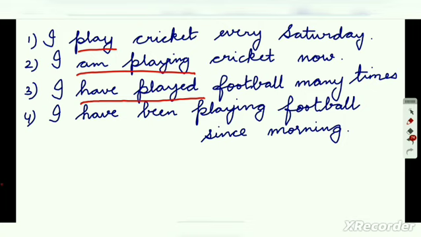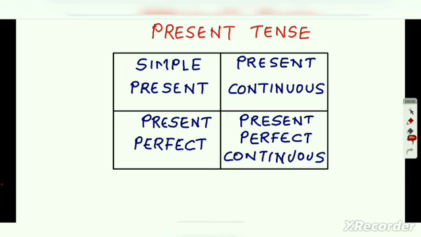Next, I have been playing football since morning. It is showing the time duration. So can you see how the meaning changes even though the verb is the same? Play is the verb. The verb remains the same, but the meaning changes in the 4 forms of the present tense. I hope the 4 forms of present tense are clear now.